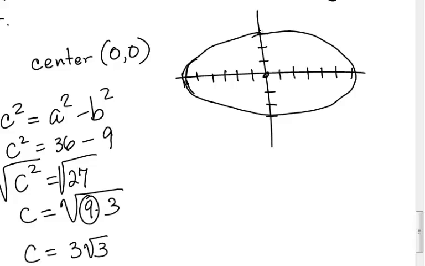Okay, we know the center. The foci are on the major axis, so there has to be 3 radical 3. What's that in decimal form? Somebody got a calculator? Take 3 times radical 3. Give me a decimal.